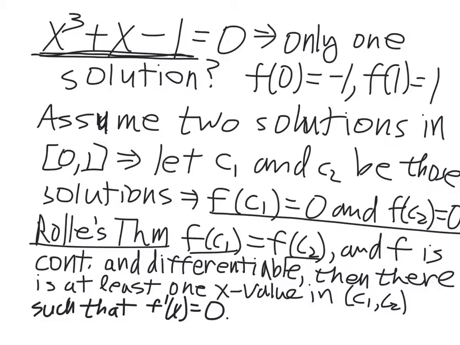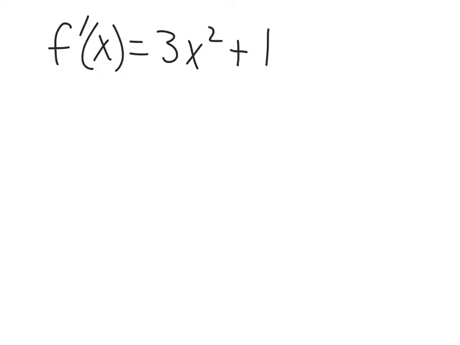Let's take a look at what our derivative is. x cubed plus x minus 1 has what derivative? The derivative of x cubed is 3x squared, plus the derivative of x, which is 1, minus 1, whose derivative as a constant is 0. So this is the derivative of our original function.